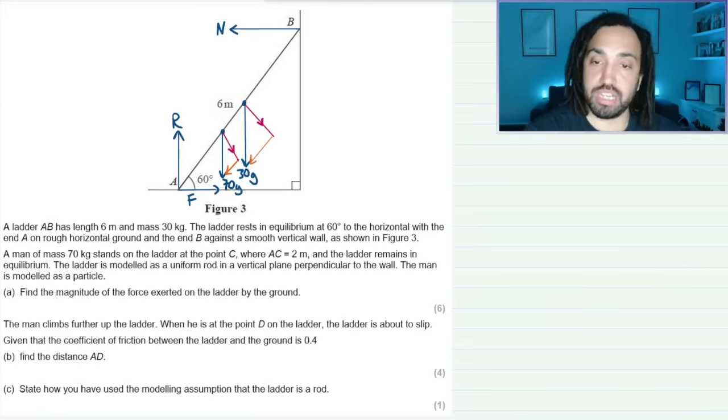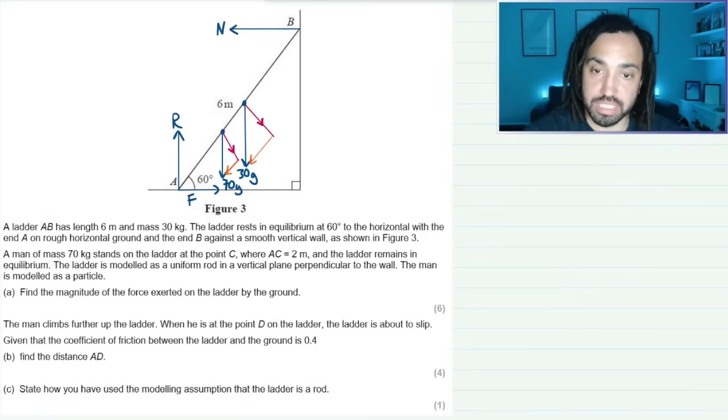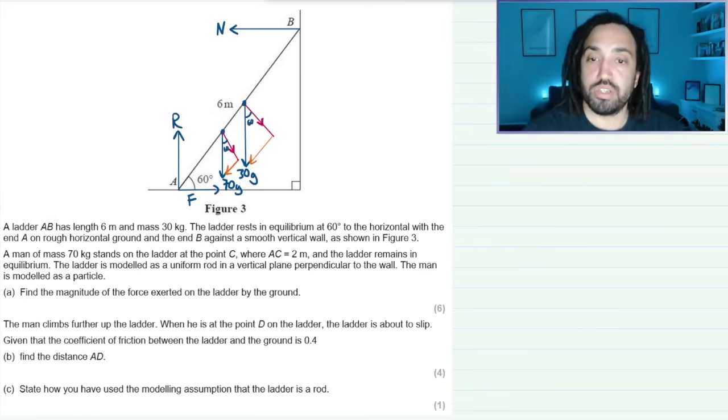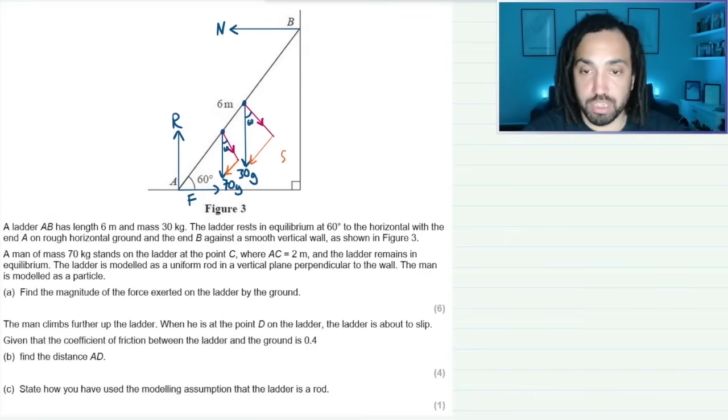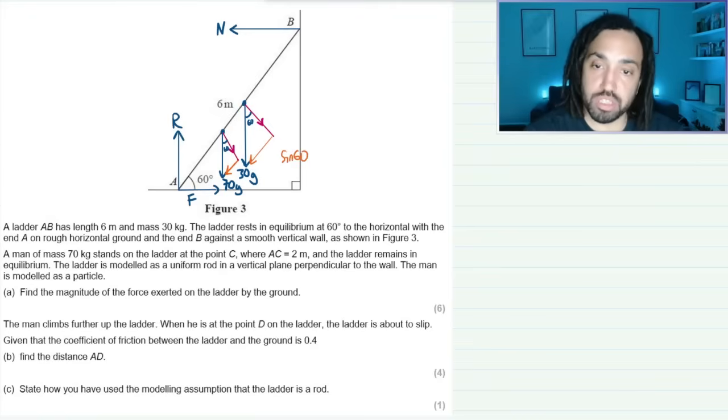Okay, so running out of space, but we know that the orange ones are opposite the angle, and this angle in here is always the same as the angle that the ladder is standing up at. So for the orange ones we'll need to multiply by sine 60, and for the red ones we'll need to multiply by cos 60.